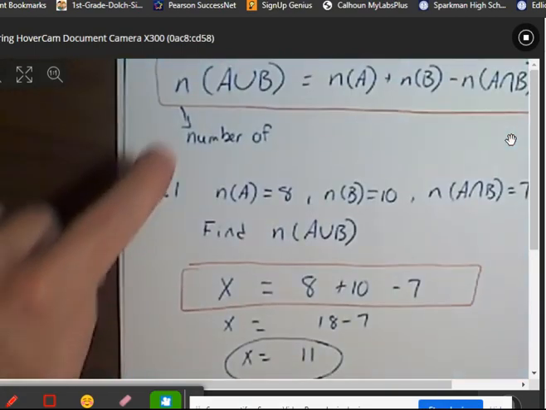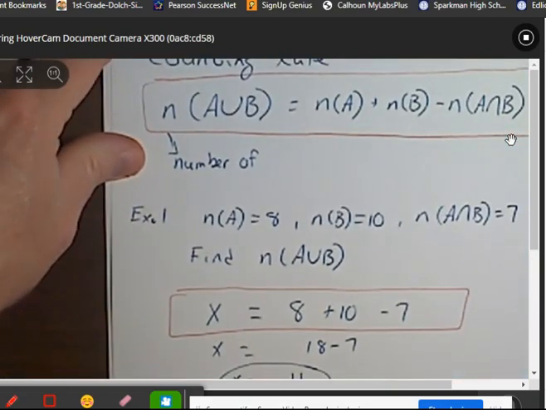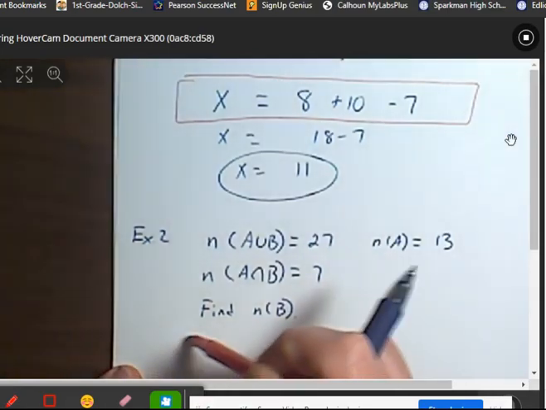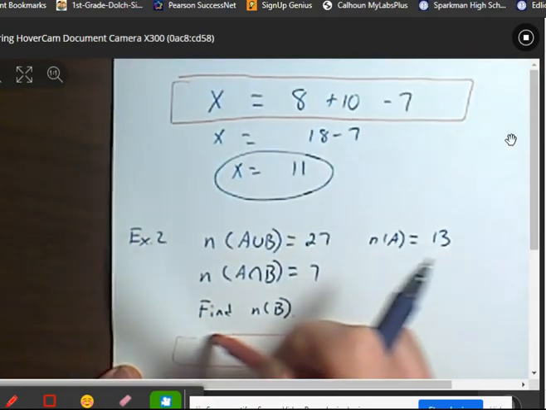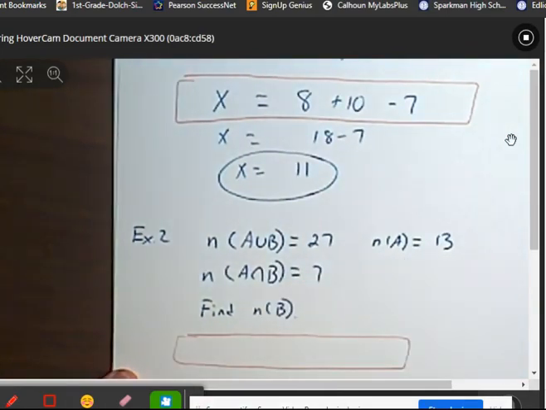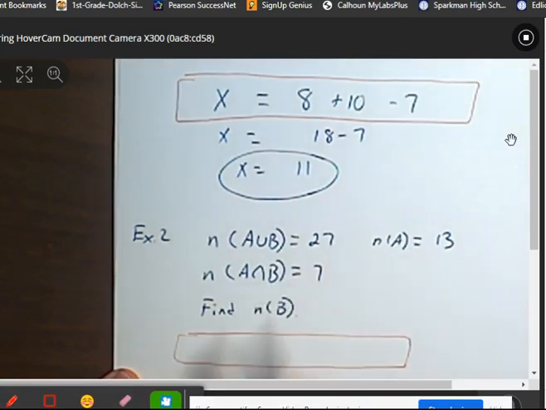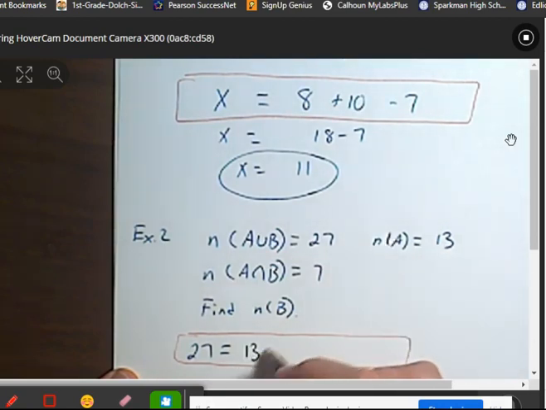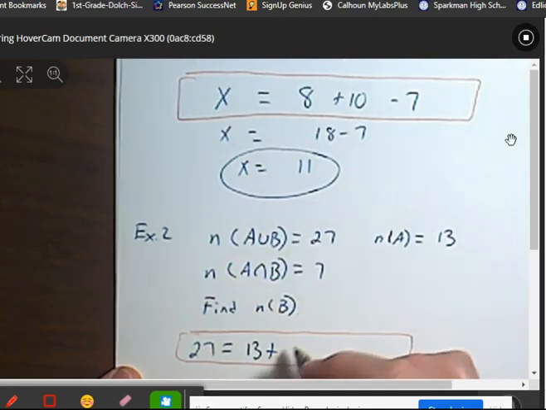Okay, so we'll go back to the counting rule and just plug in the numbers. So that'll be 27 equals 13 plus, and we don't know what that is. If you want to put a B here for B, you can do that. If you want to just stick with X, that's fine.